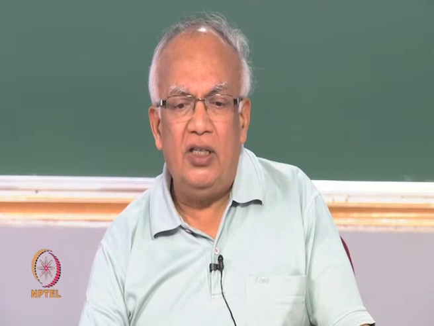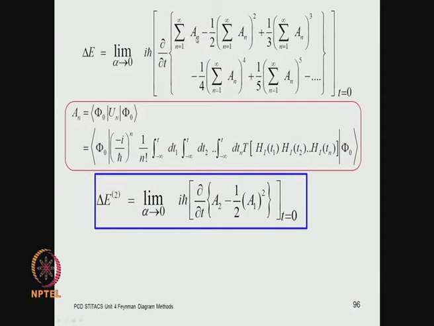What will the second order term have? So, the second order term will have an A2 from here, and it will have an A1 square from here. Okay. So, the second order correction will be given by limit alpha going to 0, which is here I h cross the partial derivative at t equal to 0, partial derivative of what? A2 from here and half A1 square from here.